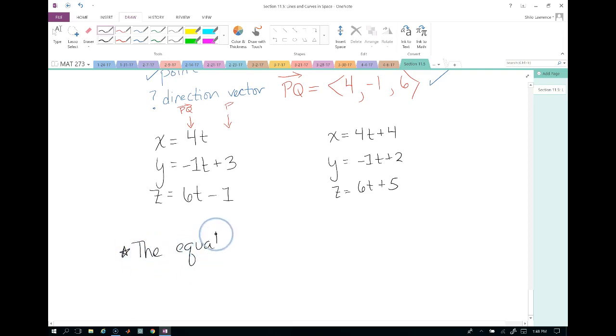So the equation, and I'm saying equation just because we have 3 different formats, so I'm using that loosely. There's really not one single equation. There's really either parametric equations, vector valued function, or symmetric equation. But no matter which one we do, the equation for a line in space is not unique. And what that means is we could come up with several different answers that all generate the same line.